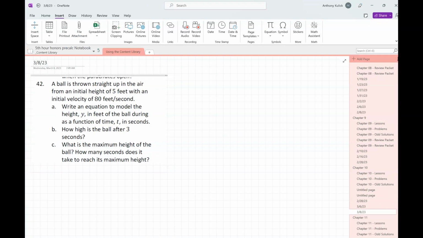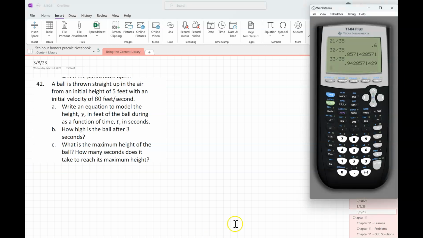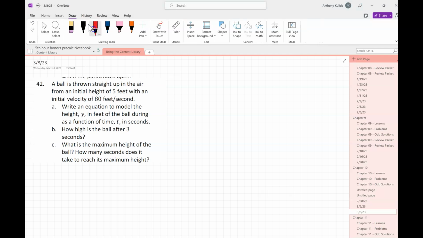All right. So we were specifically interested in finding that maximum height. The equation that we wrote in terms of y was this, right?